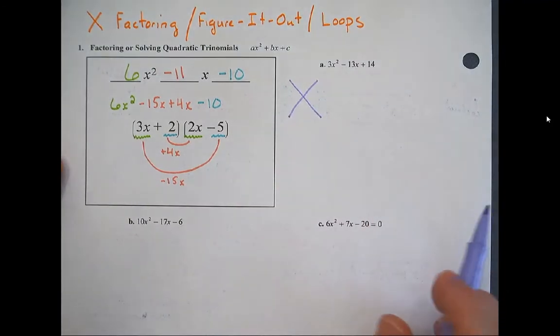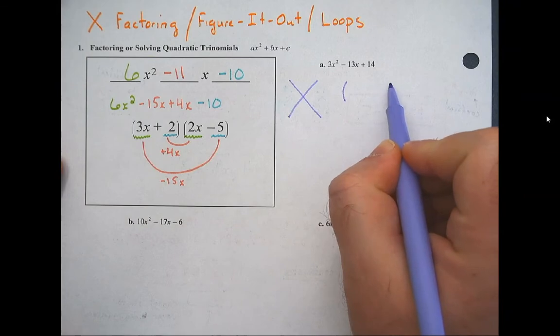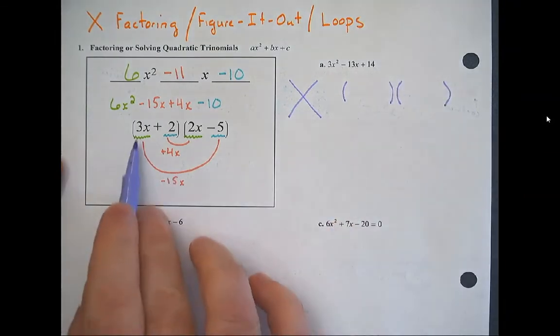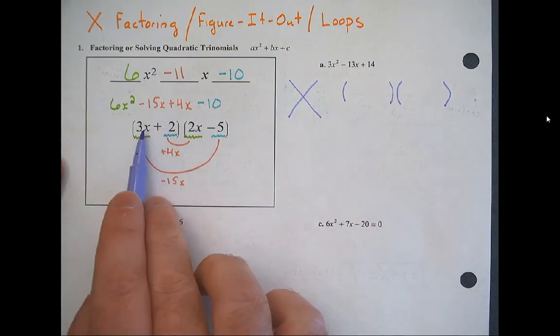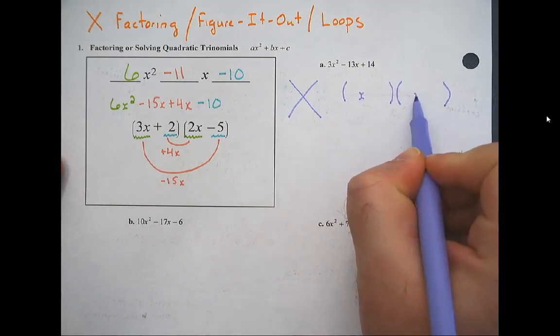Then I start off, I call it the template. Here's the template. I'm going to have two things multiplied together. I know that my answer is going to look like this. So I put my two parentheses in there. I also know that this is going to have an x and this is going to have an x.